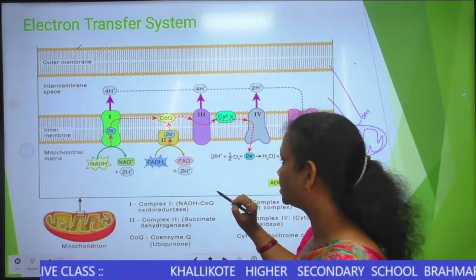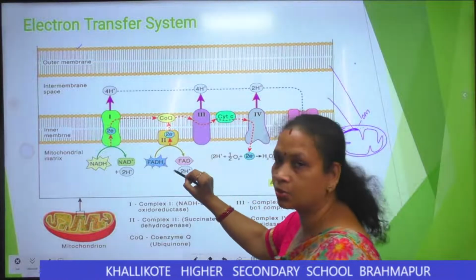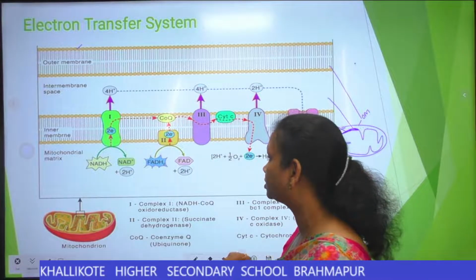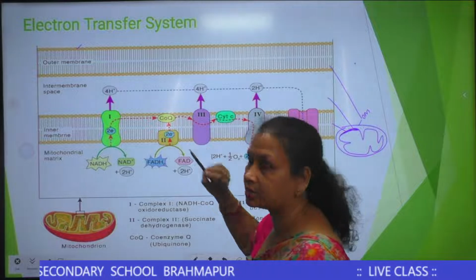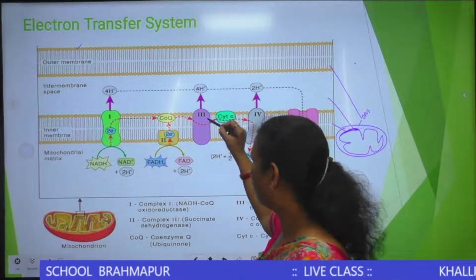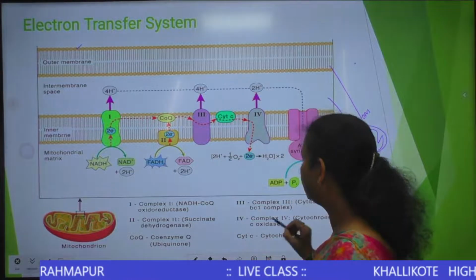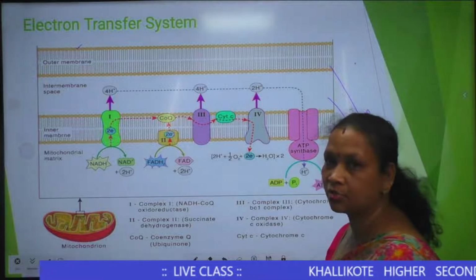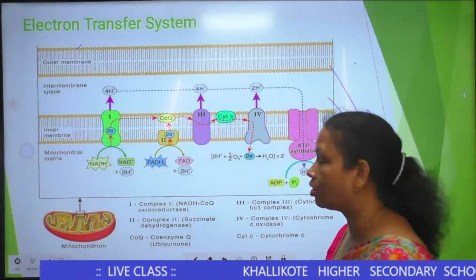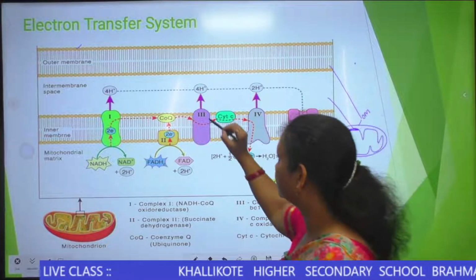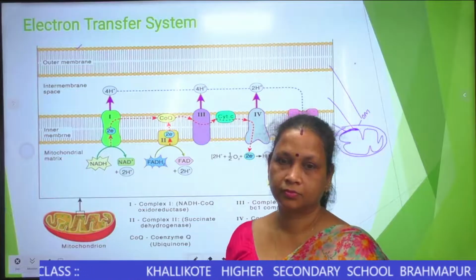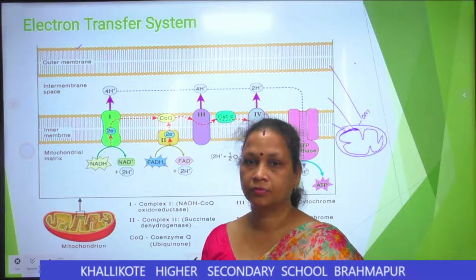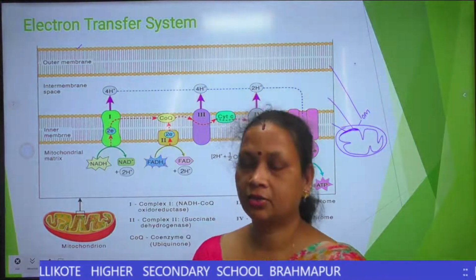This enzyme remains embedded towards the mitochondrial matrix side. The third complex is the cytochrome BC1 complex or cytochrome C oxidoreductase.